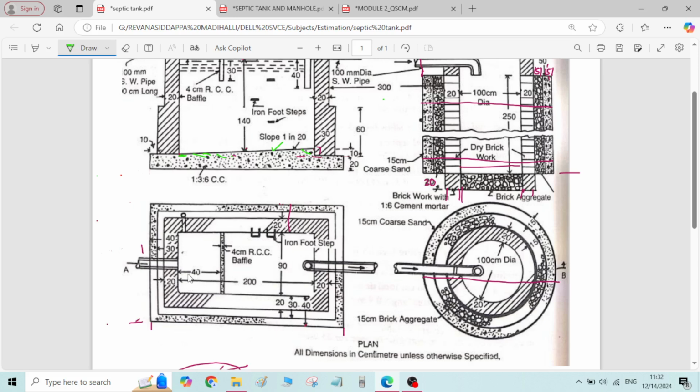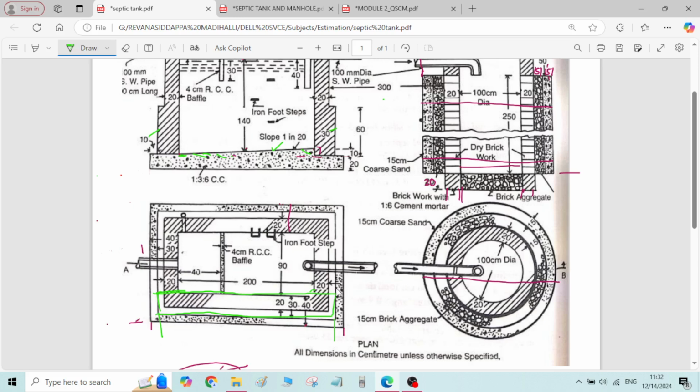Total length of the brickwork means distance from here to here, outer to outer distance. What will be the distance? Okay, this is the 30 centimeter thickness wall. Total length of the wall is how much? Inner to inner is given as 200 centimeter.